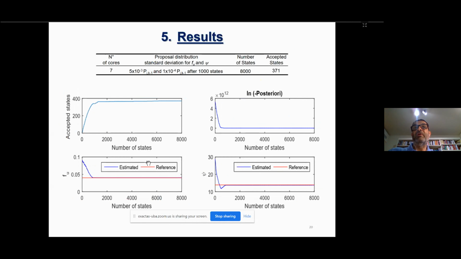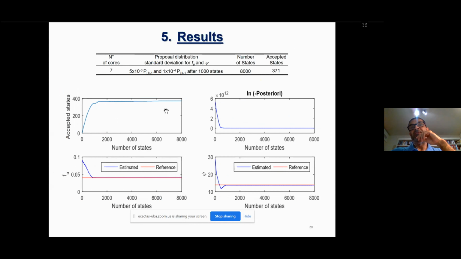Similar results were obtained with the parallel version of the Metropolis-Hastings algorithm, and basically the same behavior. After the samples of the parameters reach the reference values, the acceptance rate decreases a lot, and it's almost 0.